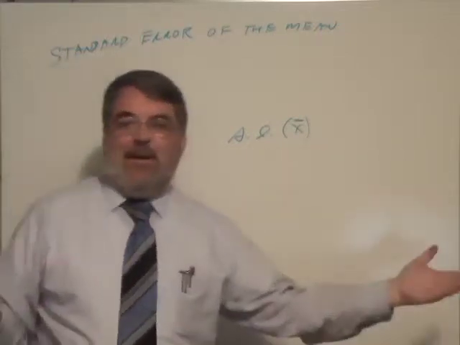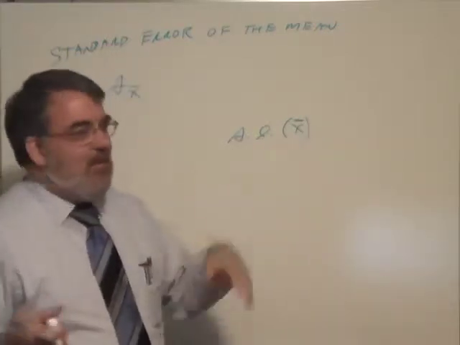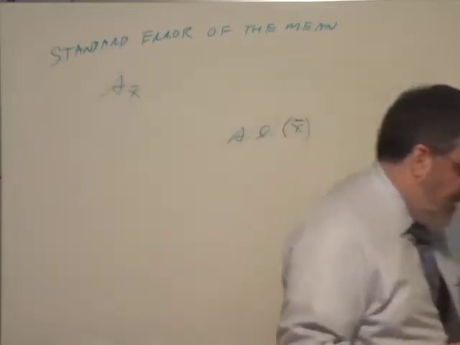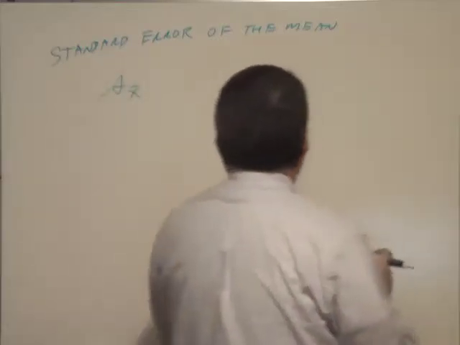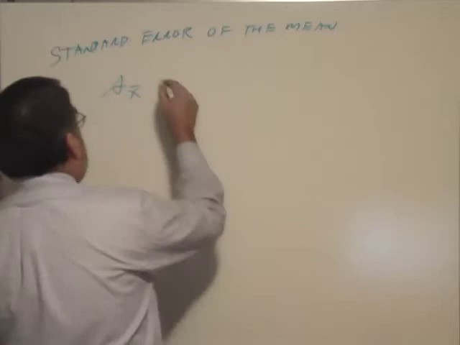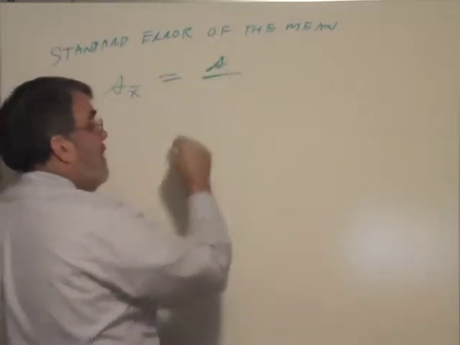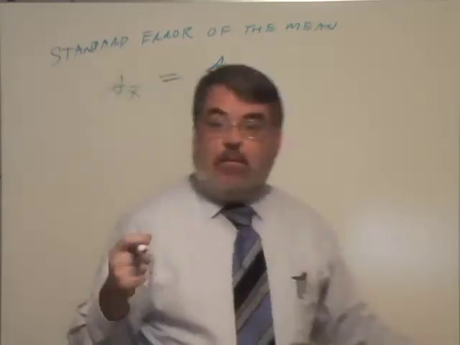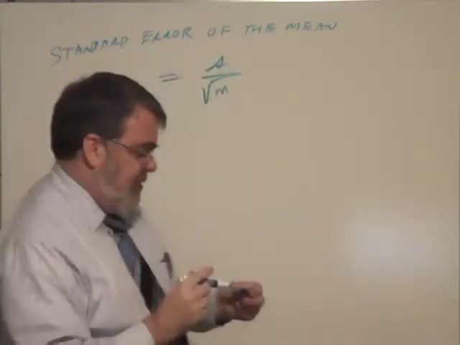Okay, to me this is just too much writing. I like to use S x bar, so this is what I will use to indicate standard error of the mean. The standard error of the mean is simply the standard deviation, S, divided by the square root of the sample size, the square root of n.